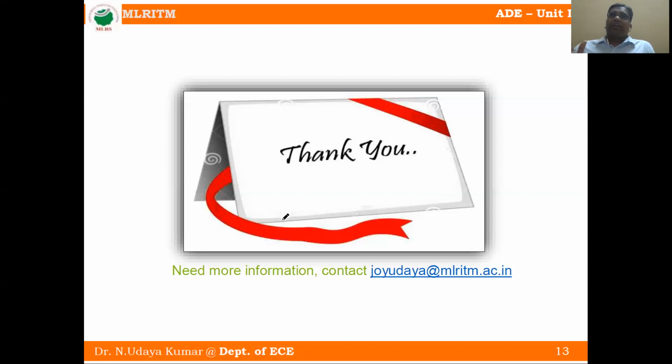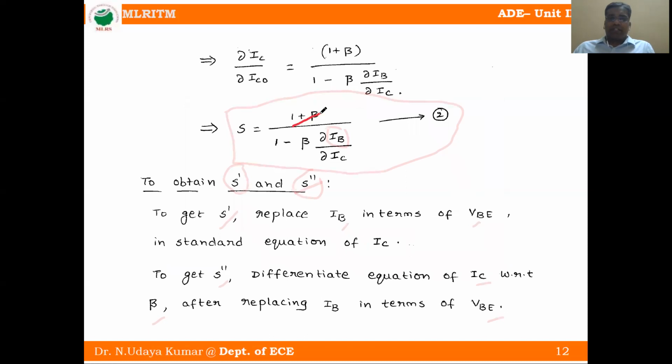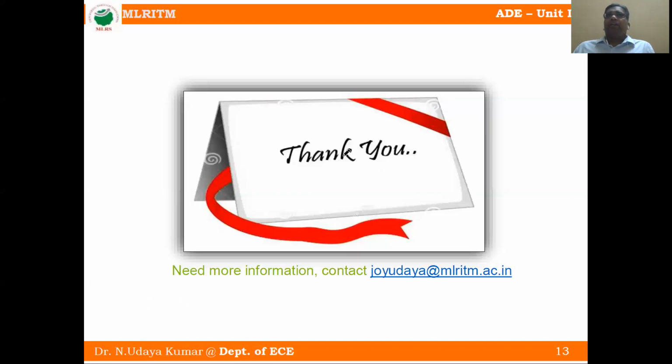So the final formula: stability factor is equal to (1+β)/(1−β) into ∂IB/∂IC. We always have to maintain the stability factor less than 1. If it is near 0, it is good; if it is nearer to 1, it is bad. Bad means there is no stability, so unfaithful amplification will occur at the output side.